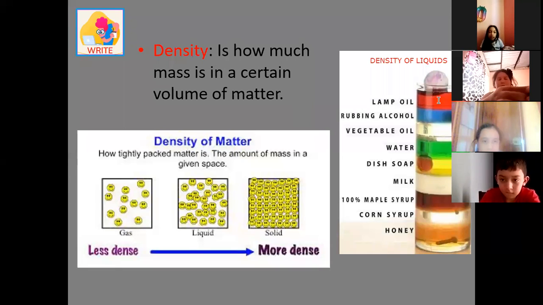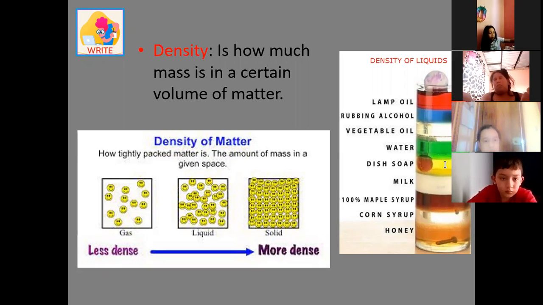So the least dense liquid is lamp oil, and the densest one is honey. Este es el más denso, el más pesado, y este es el más liviano. Lamp oil has less matter than honey.